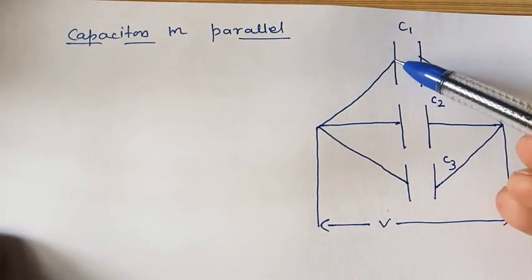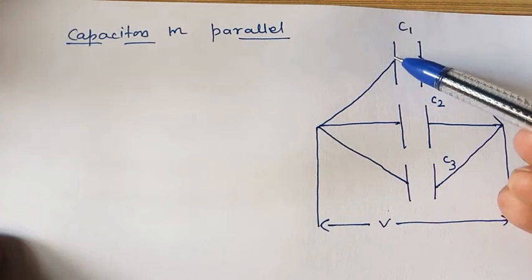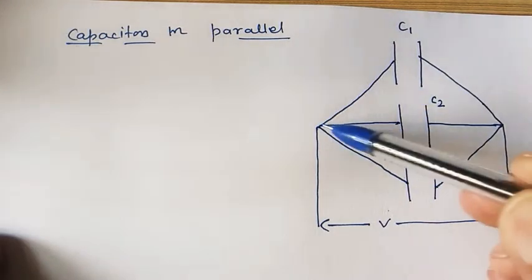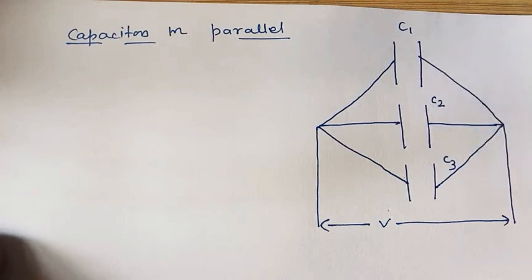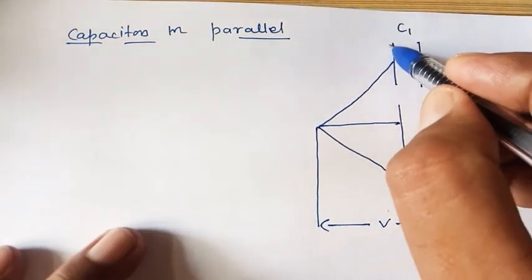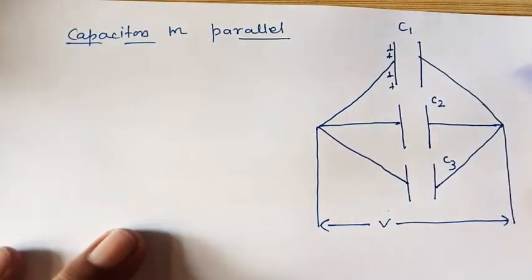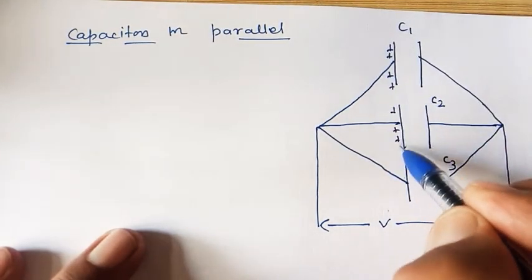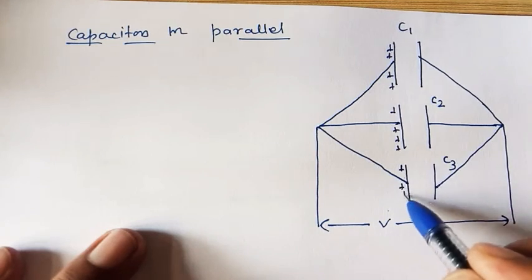So when you are connecting each end of the plates to the source of battery, this is the parallel combination. Now the battery will supply the charge here. Let this be positive charge, and here it is also positive charge.